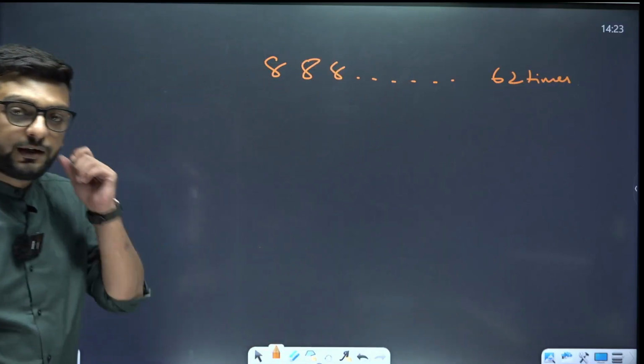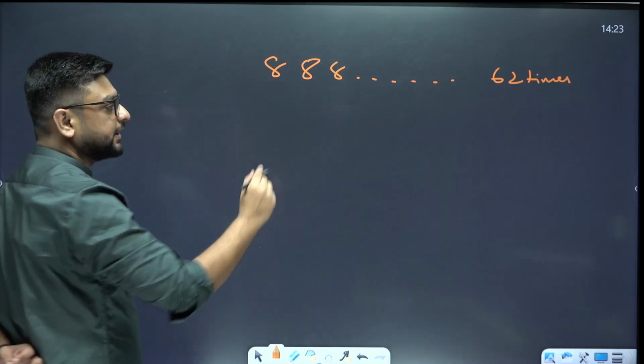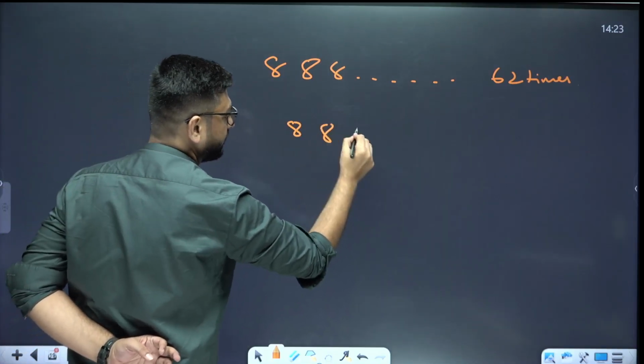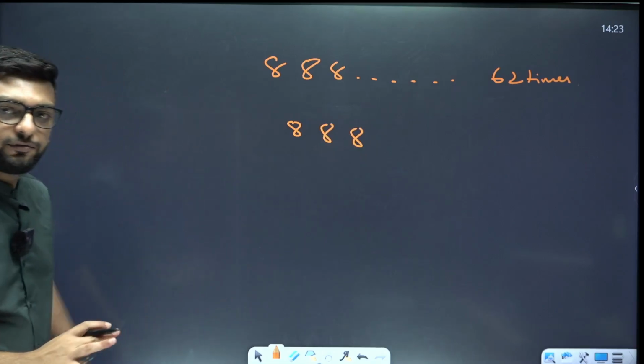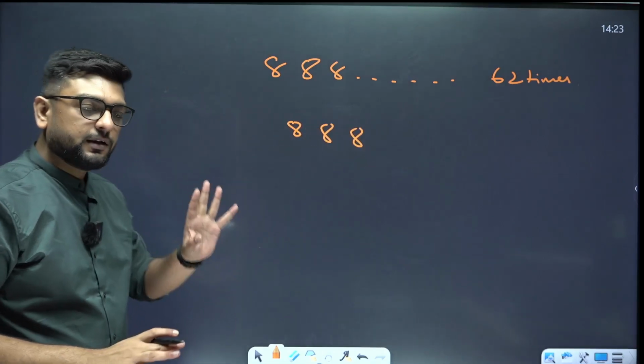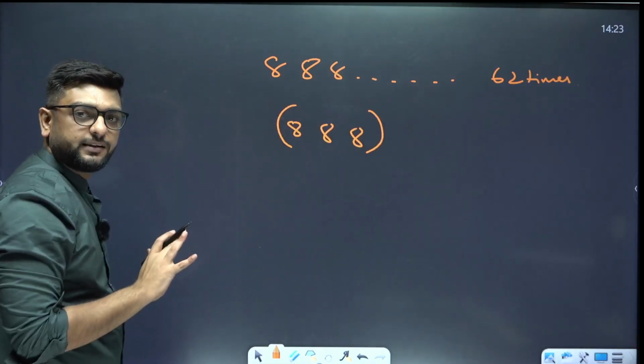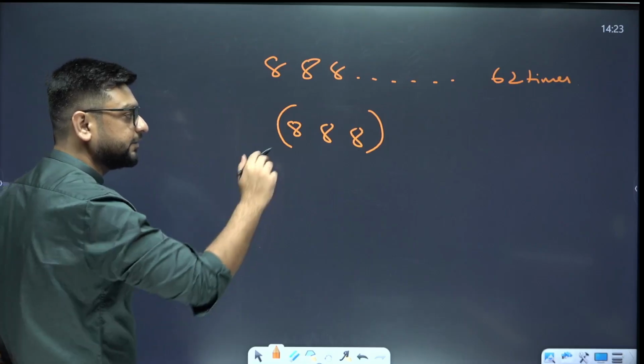Had it been the case that the number was of the form only 888, then was this divisible by 37? Yes, it was divisible by 37. Why?